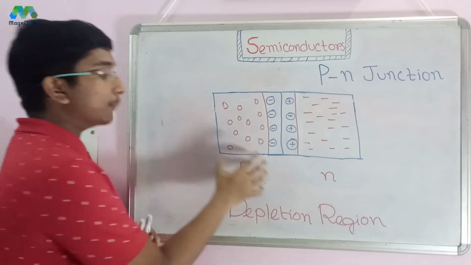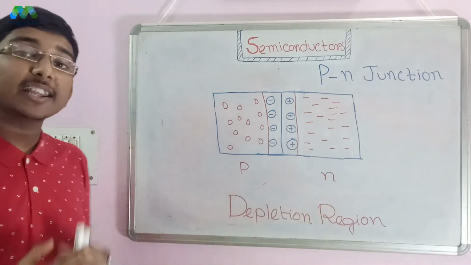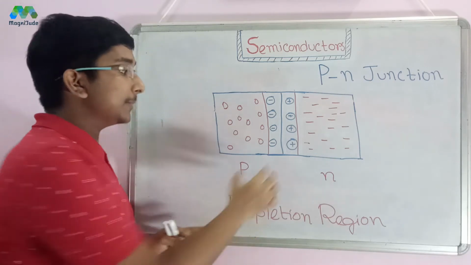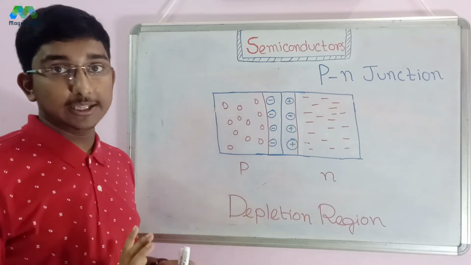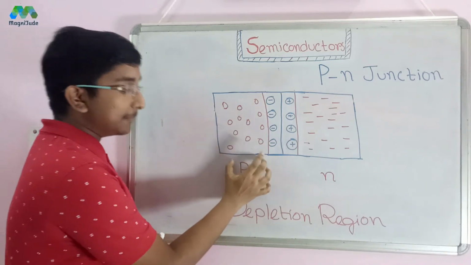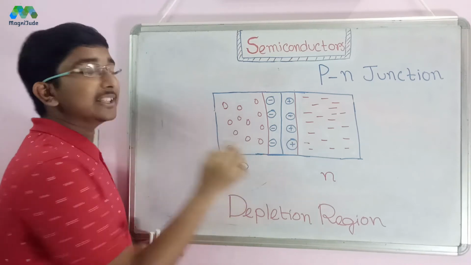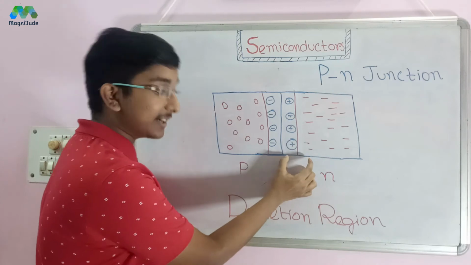So if both sides, the P type and the N type materials, are equally doped, then the depletion region on both sides will be equal. But if on one side the impurity is highly doped, then on the opposite side the depletion region width will be greater.